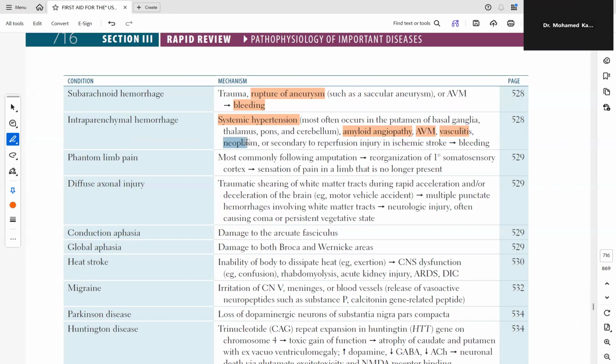Vasculitis, neoplasm, or secondary to reperfusion injury in ischemic stroke. So an ischemic stroke happened, and then this is called reperfusion, re-establishment of blood supply. And what is the meaning of intraparenchymal hemorrhage? Again, this is a bleeding.